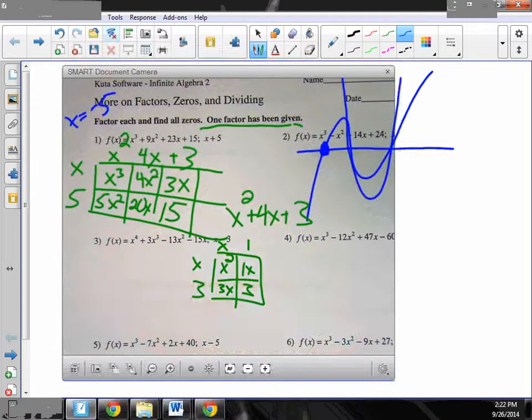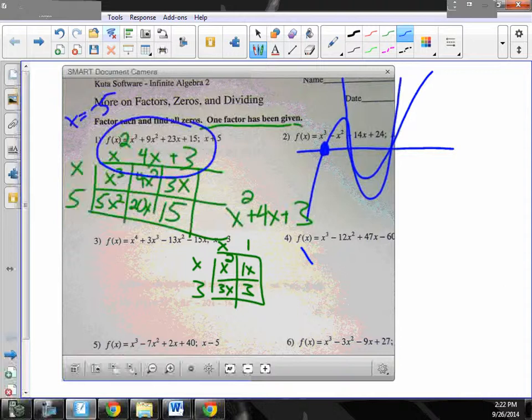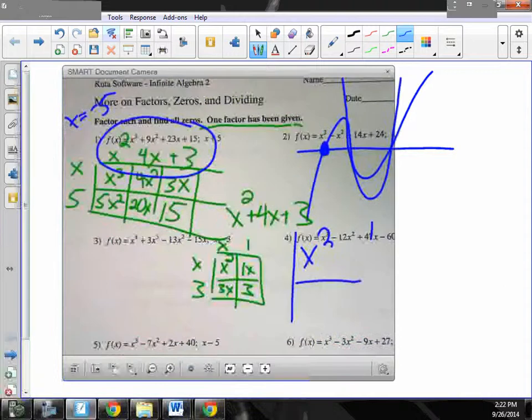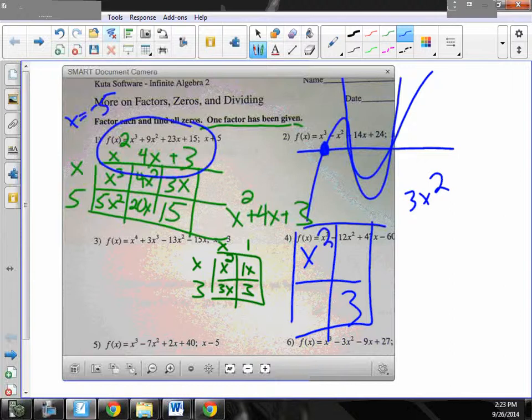You can factor it the old way if you want, but if your quotient has a leading coefficient, you have to use the box. So I put in x squared, and I put in 3. Now, x squared, you follow? So what are my other 2 roots? So -1 and -3.